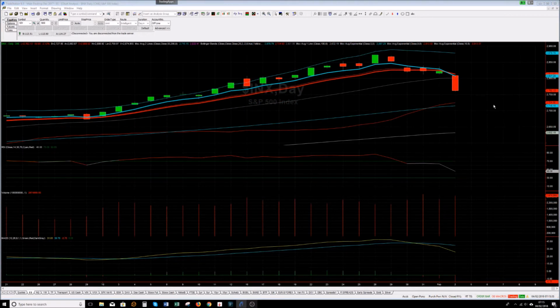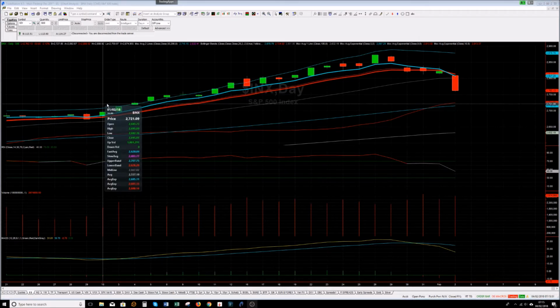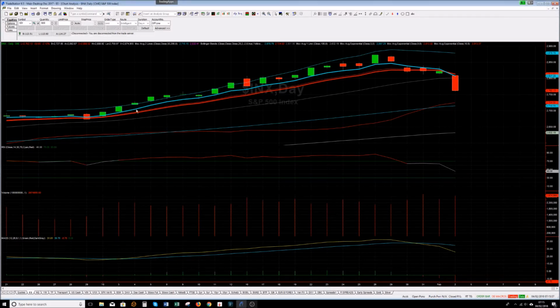If we go in even more to a daily, you will see that one of the rules of trading is that when the market busts through the upper Bollinger Bands, it tends to retrace to it and retest it from the downside. This is the level that we broke, 27.20, which was sometime last month.